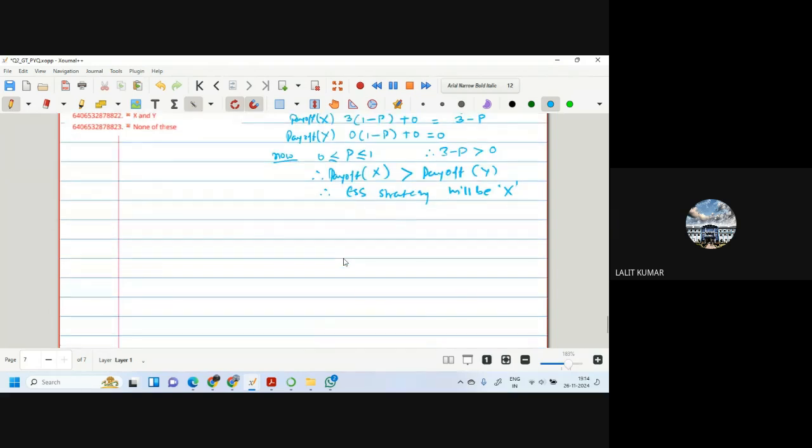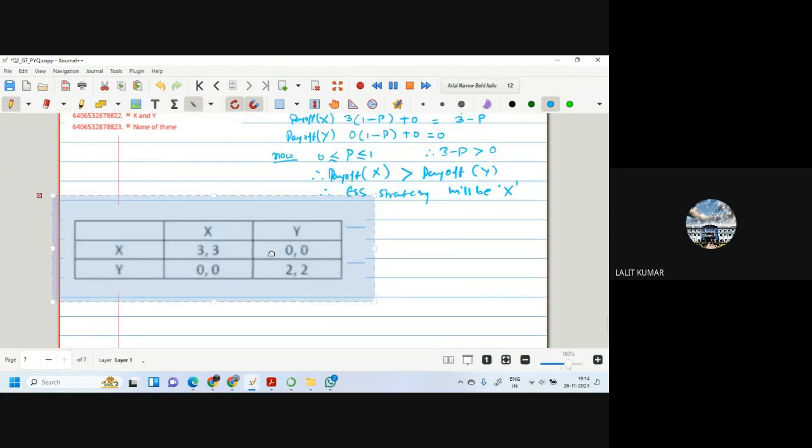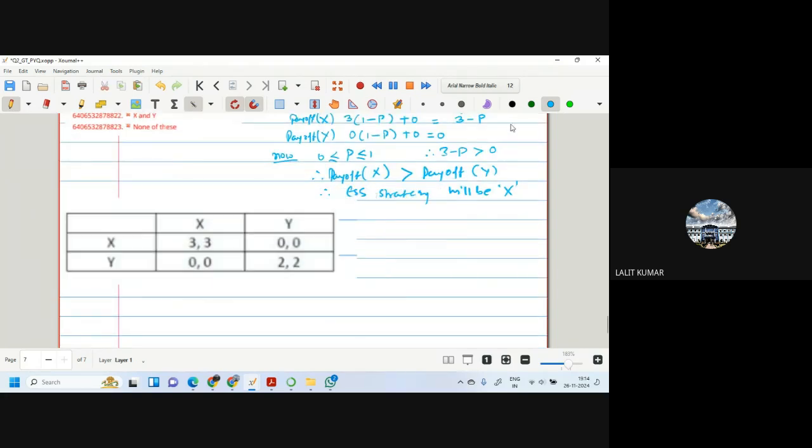Now for game 2, for example, this is q and this is 1 minus q. So here the payoff of x will be 3 into 1 minus q plus 0, which is equal to 3 minus 3q.